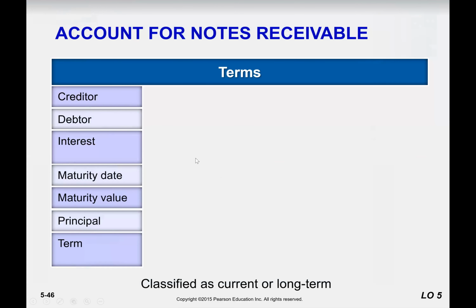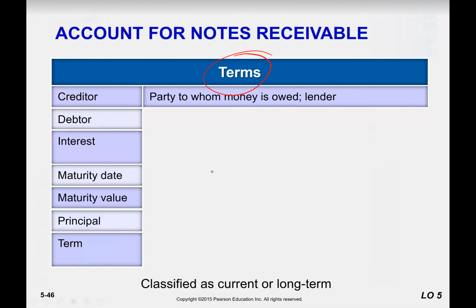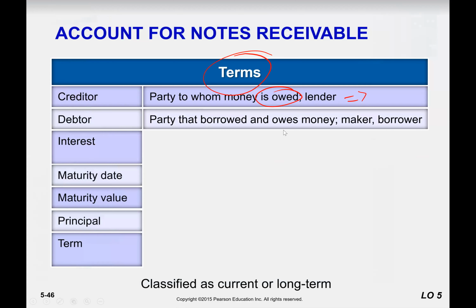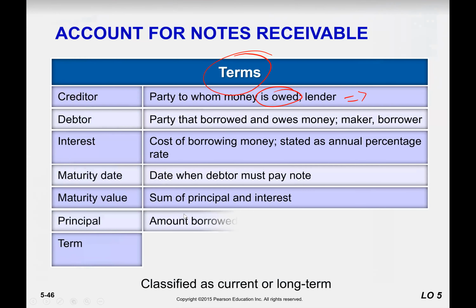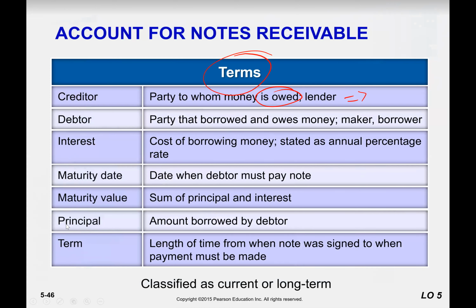So here are the terms: the party to whom money is owed, the debtor, the party that borrowed and owes money, interest, maturity date, maturity value, principal, and term. That is simple. Terms and conditions are going to be there. The principal amount is going to be returned.